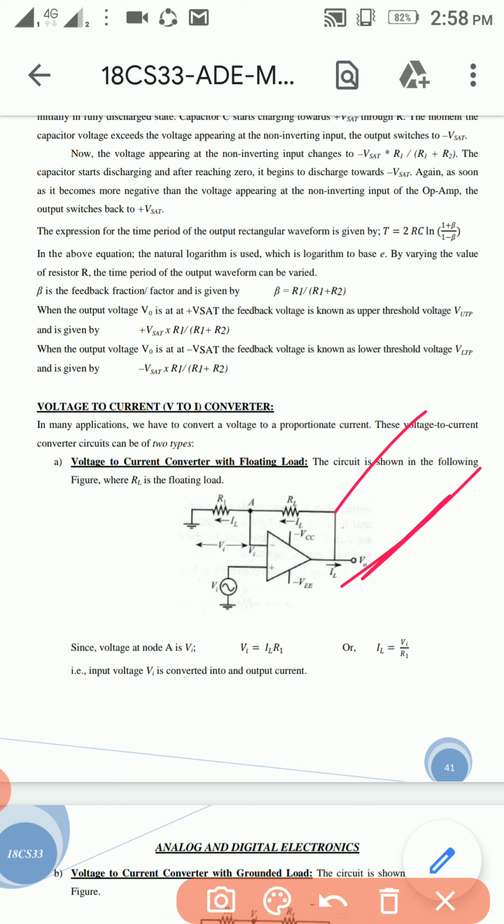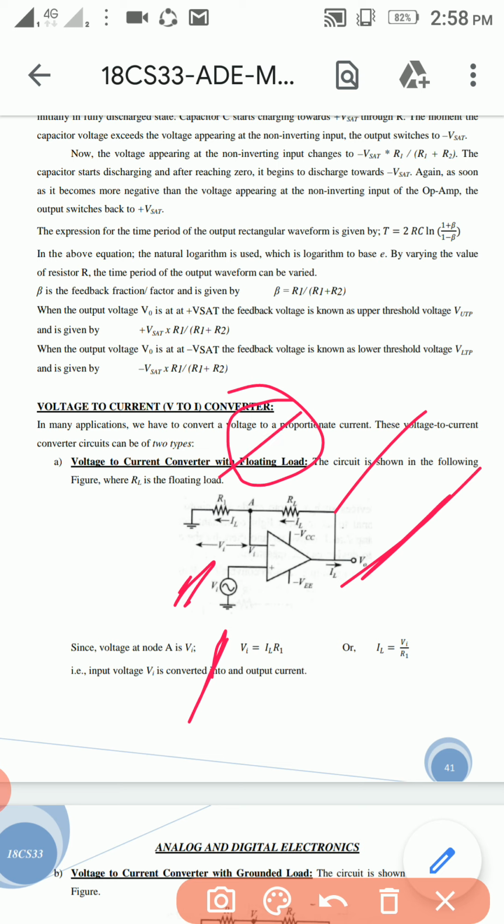The general basic formula of the voltage is V equals IR, right? In this case, instead of V, I am taking Vi because Vi is the input signal. For the voltage to current converter with the floating load, I is replaced by IL, and R is R1.